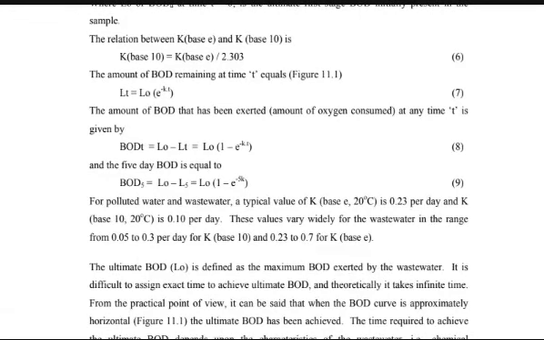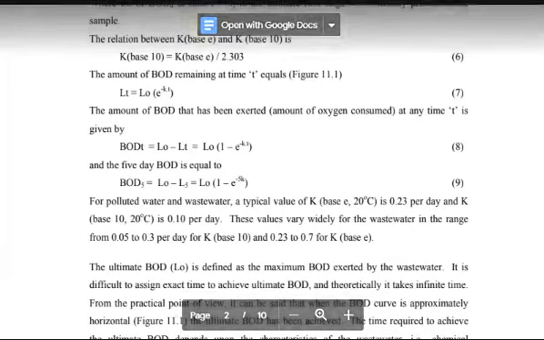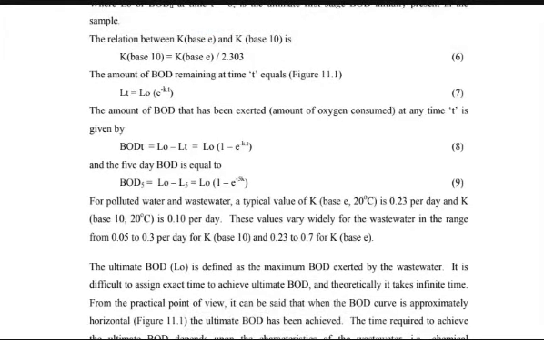Here we are interested in knowing the ultimate BOD. We already calculated the BOD at 5 days, so the value of BOD5 we know. It means the BOD at any time t, where t is 5 days.